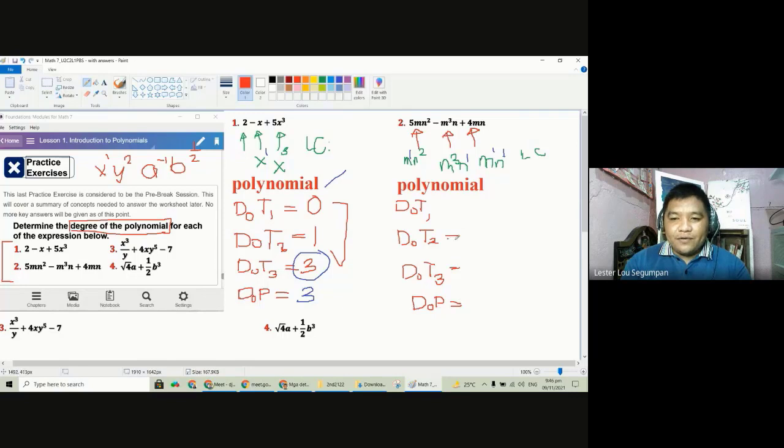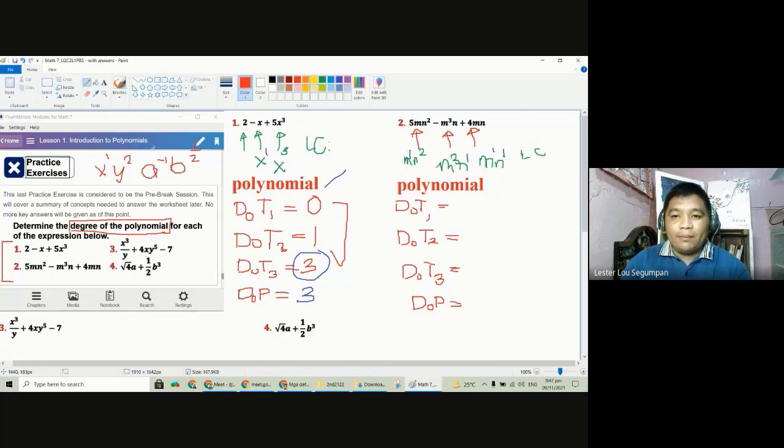The difference between number 2 and number 1 is that for number 1, we only have one type of variable for each of the terms as its literal coefficient, so we don't need to look for the sum. But here we have two different variables for each term as the literal coefficients. So to get the degree of a term, we need to add or sum up the exponents.